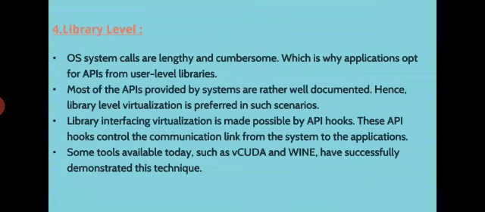Virtualization with library interfaces is possible by controlling the communication link between applications and the rest of a system through application programming interface hooks. The software tool Wine has implemented this approach to support Windows applications on top of a Linux host.